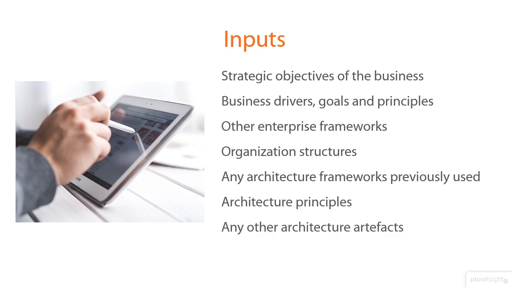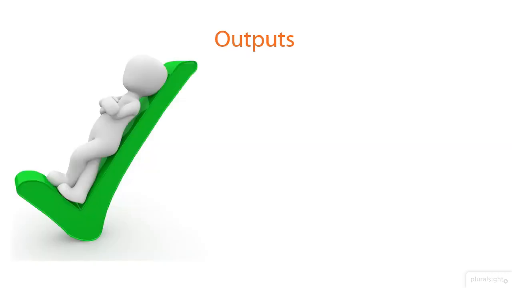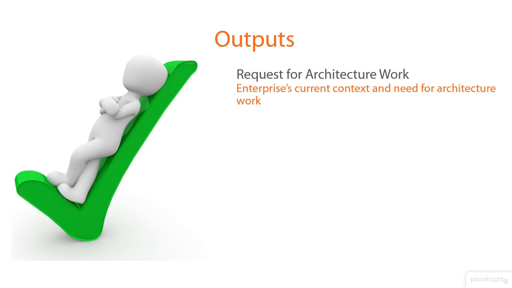Now, in terms of outputs, the preliminary phase summarizes the findings from the analysis of this phase in an official deliverable called the Request for Architecture Work. The Request for Architecture Work typically incorporates the enterprise's current context and the need for architecture effort.